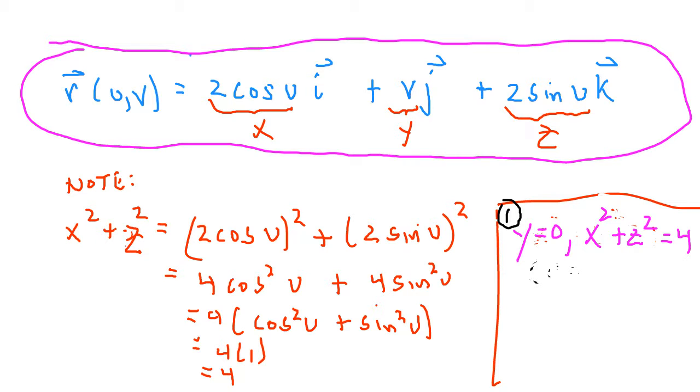Could u be between 0 and 2 pi, and could v equal 0? So we agree that when x squared plus z squared equals 4 and y equals 0, we have a circle at y equals 0.